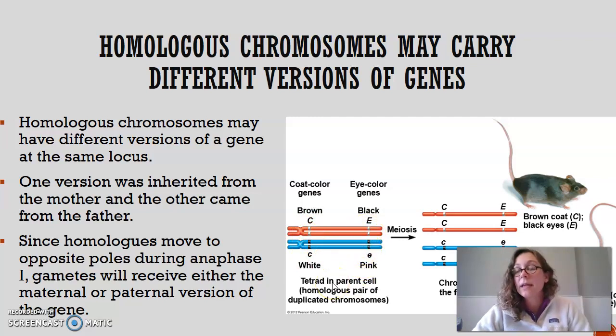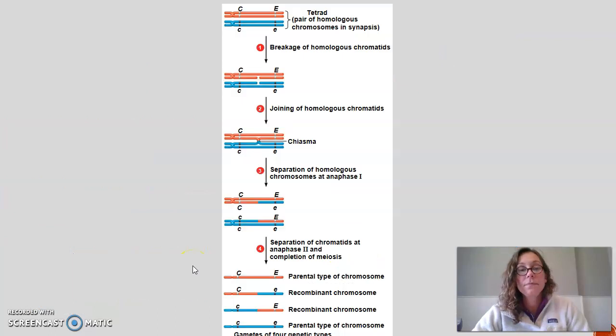So that could just depend. This is looking at brown versus black, white versus pink. And here's just looking at how you can have these different combinations work out, because the other thing is that genes are inherited separately from one another as well. And crossing over can increase the amount of shuffling that you have.